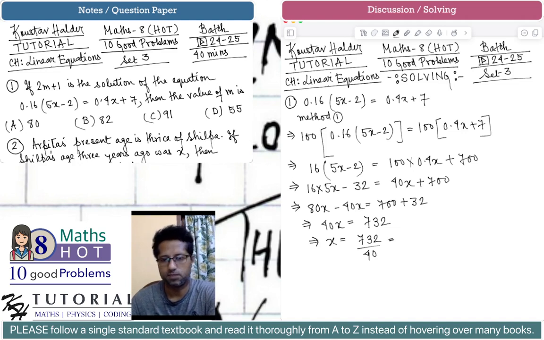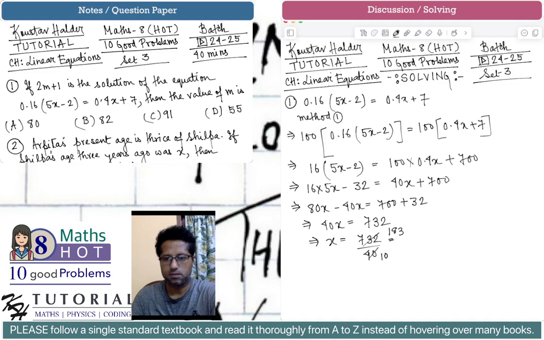Now I think 732 by 40 will be... 4 cancels 40 with 10, and 4 cancels 732 with 183. No, sorry. 1 and then 8 and then 3.